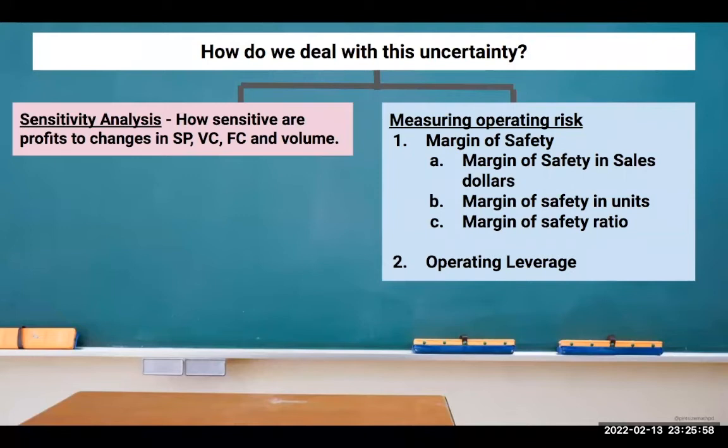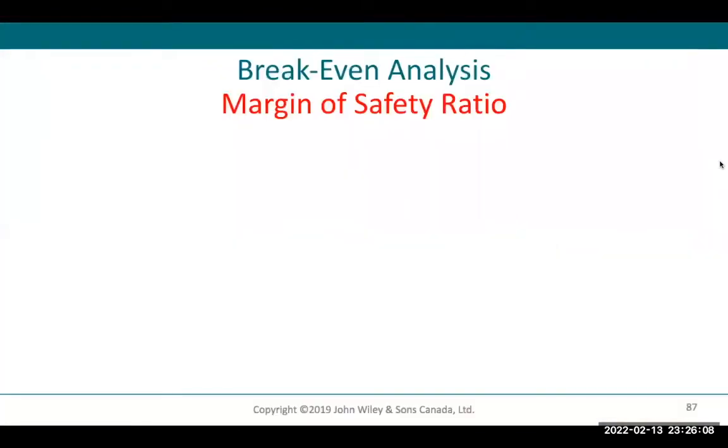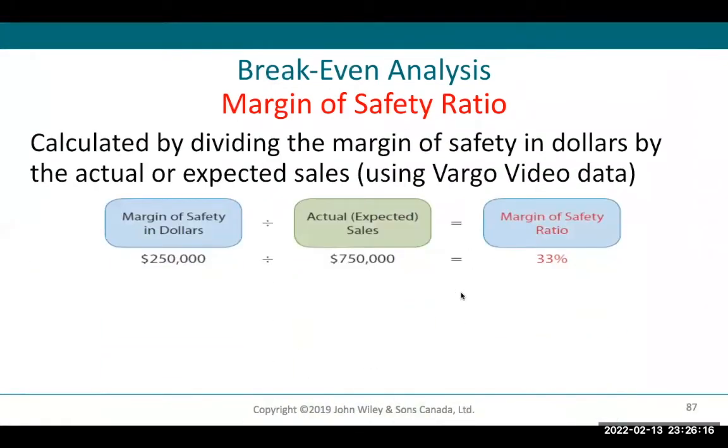Margin of safety shows us the margin of safety in sales dollars. We can calculate a margin of safety in units. We can also calculate a margin of safety ratio. Let's go into the margin of safety ratio first. A margin of safety ratio is calculated by dividing our margin of safety in dollars by the actual or expected sales.